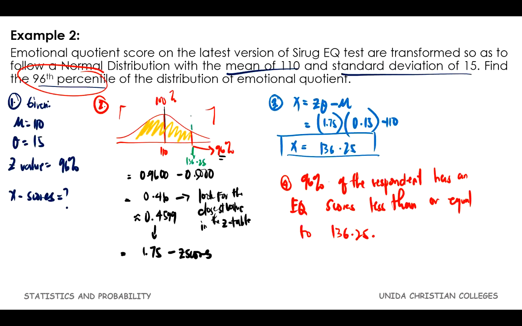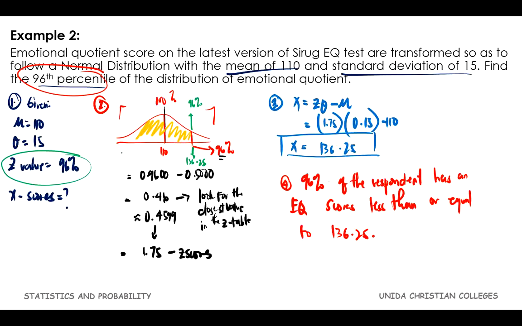136.25. Kasi 'di ba ito yung 96 percentile natin, meaning yung 96% na respondent natin class, ang EQ nila is 136.25. Yung pinaka maximum na EQ ng 96% ng respondent natin.